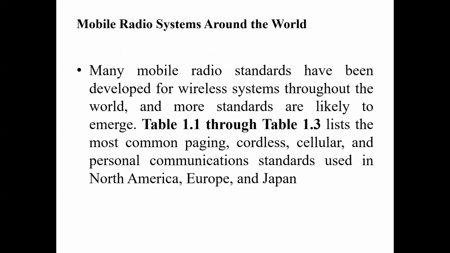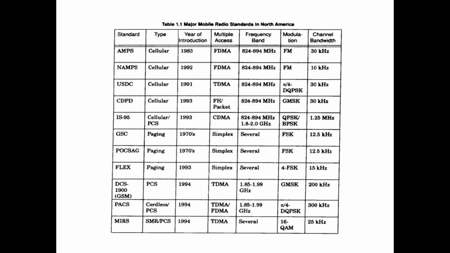Now we have many standards around the world, and we are going to talk about these different standards. Table 1.1 through table 1.3 list the most common paging, cordless, cellular, and personal communication standards used in North America, Europe, and Japan. Look at the table.